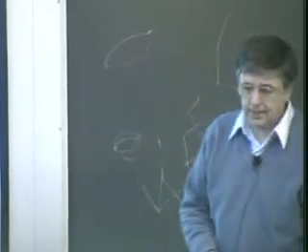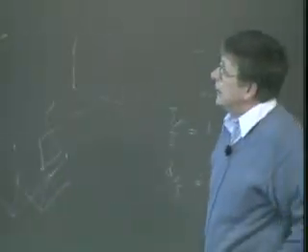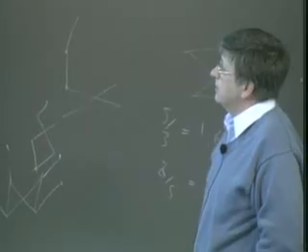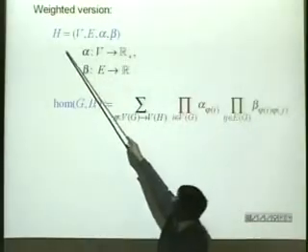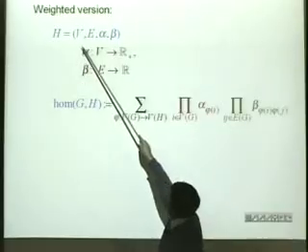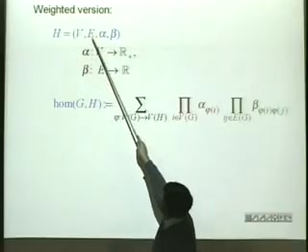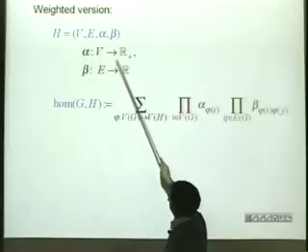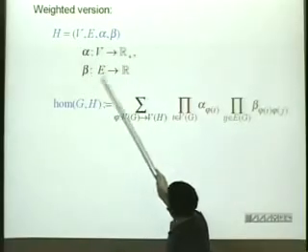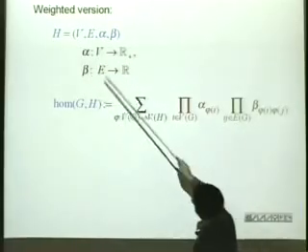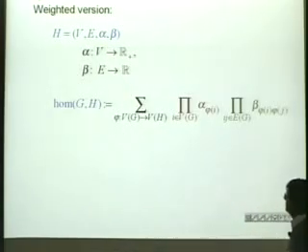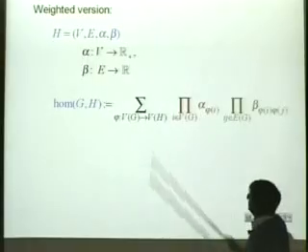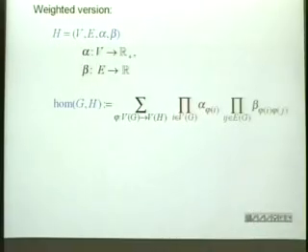Now, there's also a weighted version which I'll need, and that looks a little hairy. I have a graph, the target graph H, with a certain set of vertices and edges, and there is a weighting of the vertices and a weighting of the edges. I will assume that the node weights are positive or non-negative, but the 0 will not play any role. We could just delete those nodes.